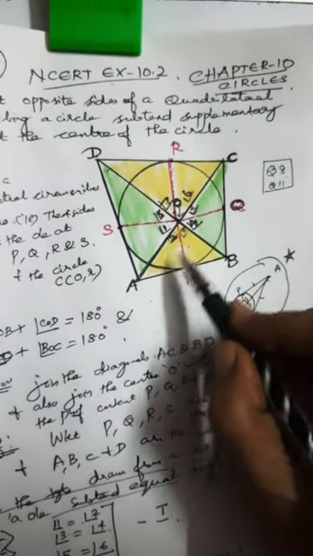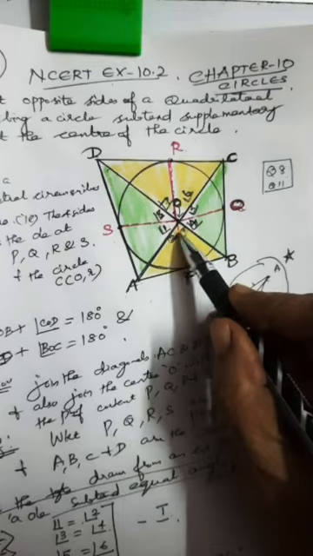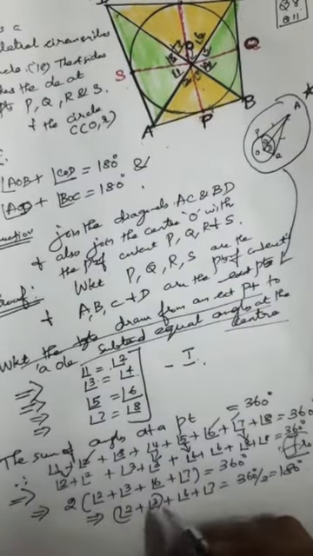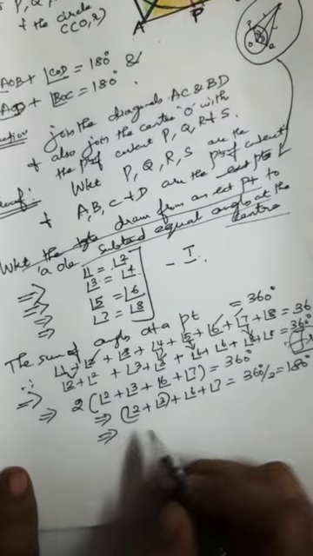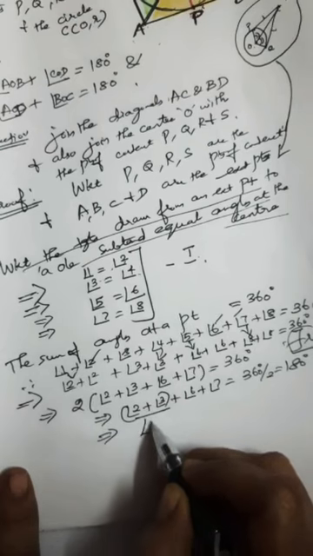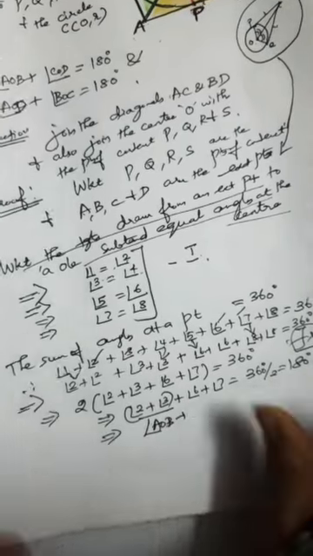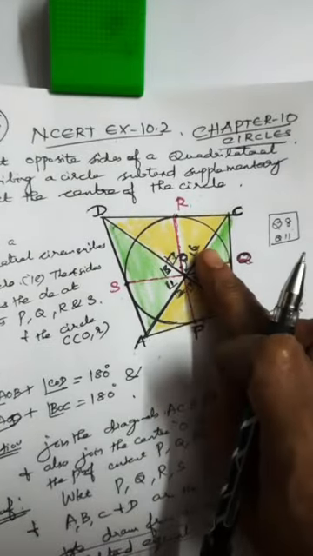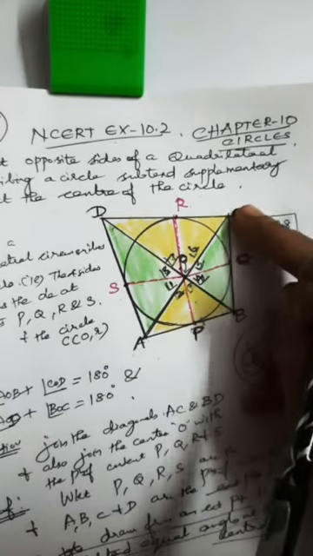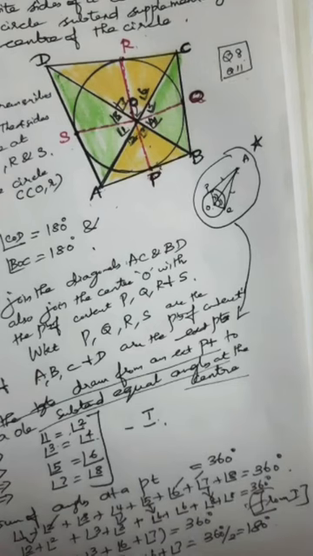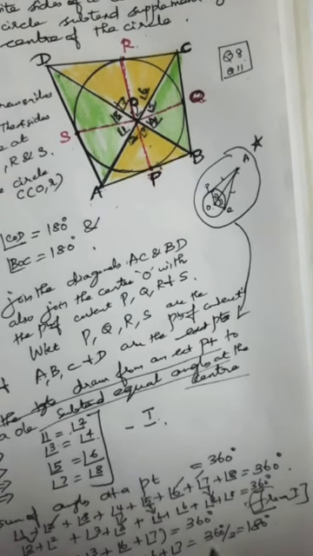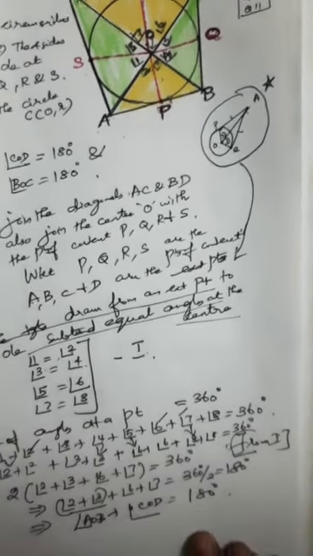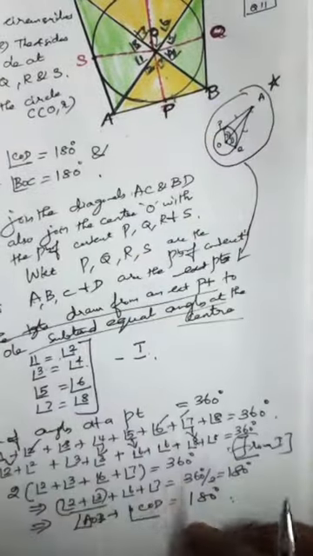Now you see in the figure, angles 2 and 3 together are nothing but angle AOB, and angles 6 and 7 are nothing but angle COD. So angle AOB plus angle COD equals 180 degrees. So we have arrived at the result, the proof.